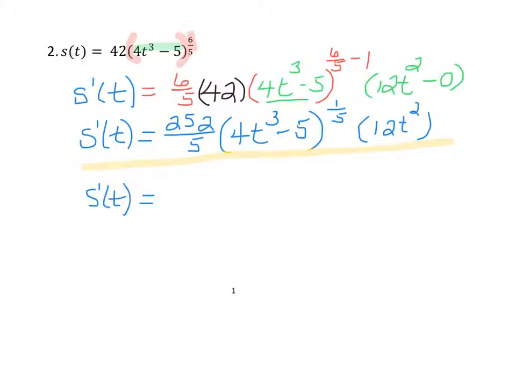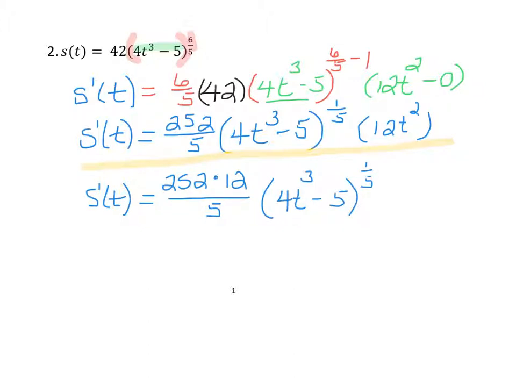which would be to multiply 252 times 12 over 5, times 4t to the third power minus 5 to the 1/5 power, and since that 252 times 5 over 12 is times t squared, we would also have a t squared here.